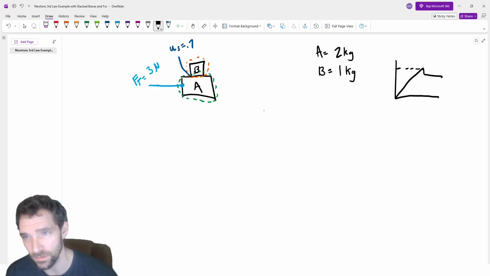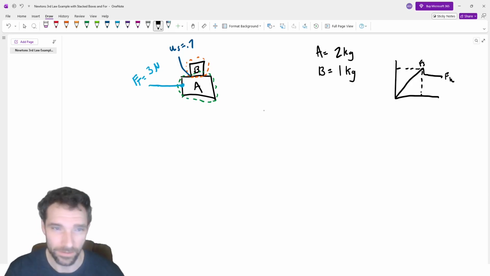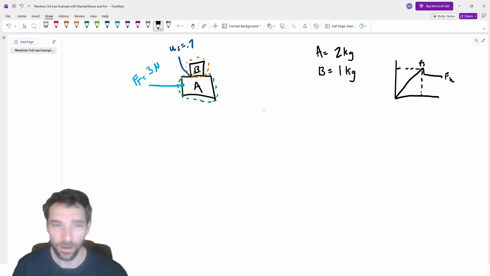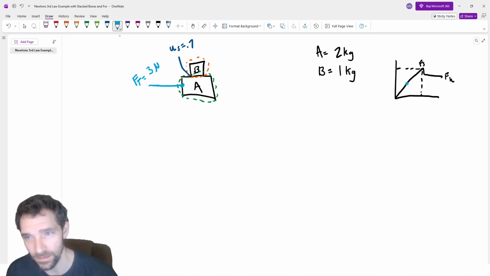So when you use this 0.7 equation, that's going to be relating how much it goes upward up to a maximum, and then you've got this force kinetic, and then this is that force static. So this is like the maximum value with that 0.7 number. We probably, in the context of this problem, are not going to get all the way up to that. We're going to be somewhere a little bit less.